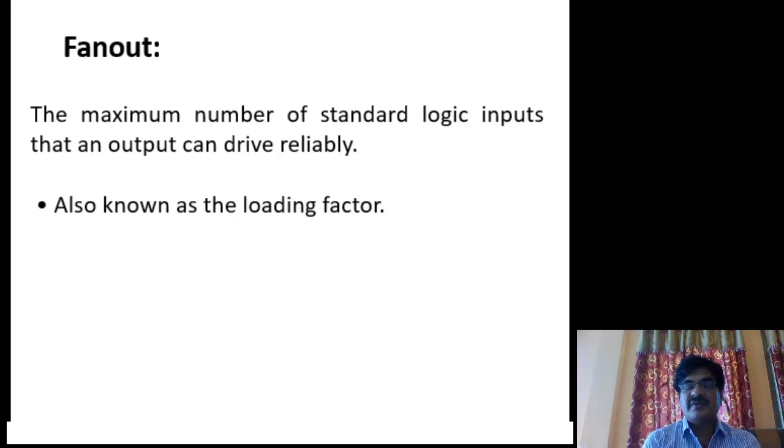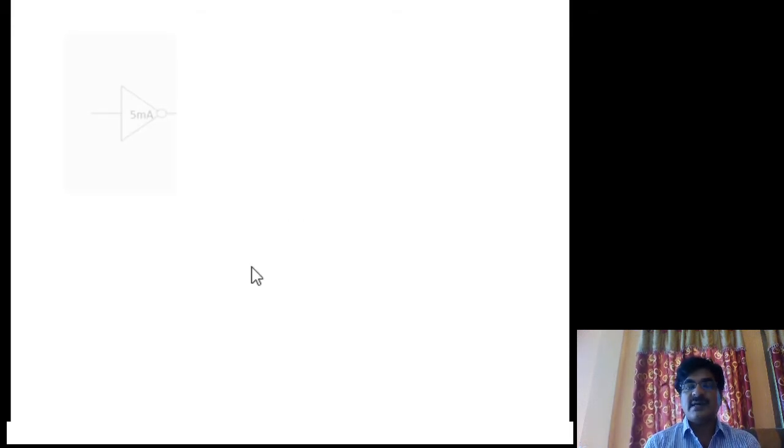Coming to the parameter fan out means how many gates can you connect at the output of a given gate, or you can also define how many loads the given gate can drive. That is the fan out. It is also known as loading factor. For example, if you take two NOT gates, one can supply 5 milliamperes of current, but another NOT gate requires 1 milliampere of current.